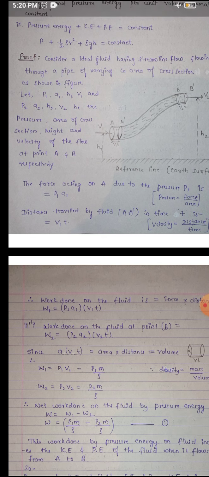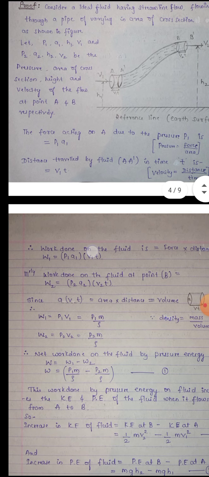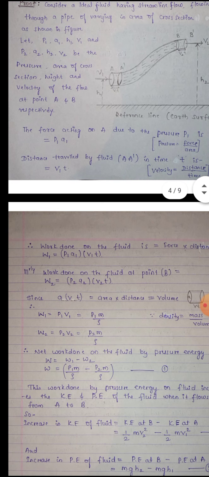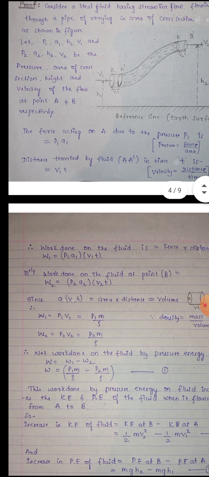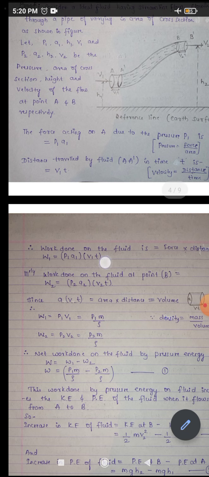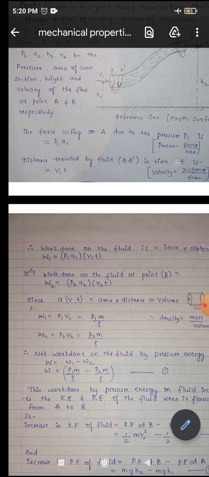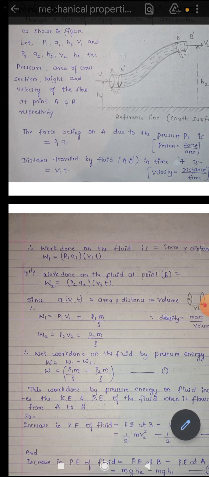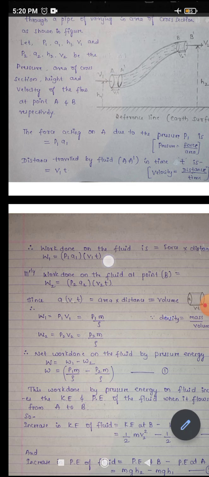So the work done on the fluid will be force into distance. We know the force, P1 A1, and the distance, V1 t. So the work done at point A is W1 equal to P1 A1 V1 t.